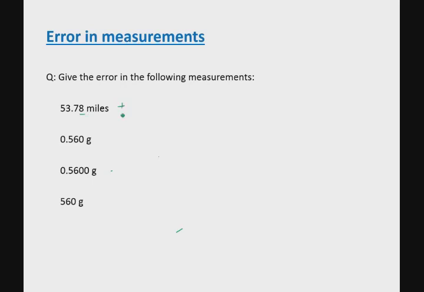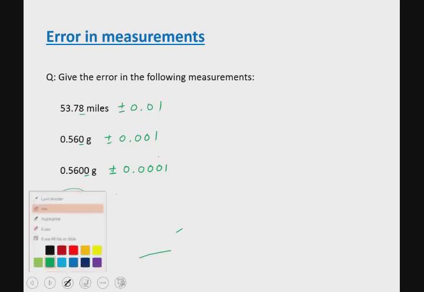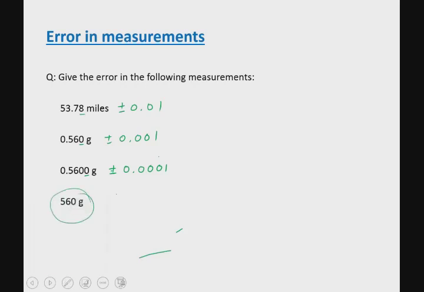So this one will have an error of plus or minus 0.01, plus or minus 0.001, plus or minus 0.0001. Now the last example is actually a very tricky example, and I would like to save this example for later, for when we have done something called significant figures. That is when we will modify this statement and make it more meaningful.